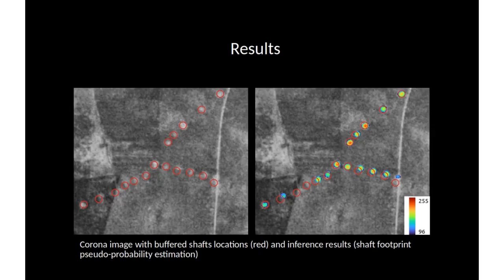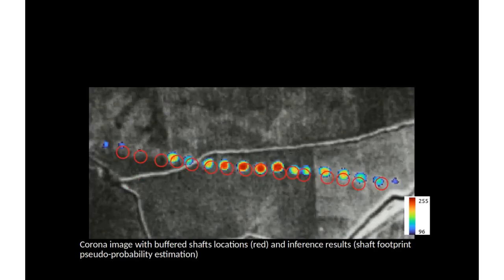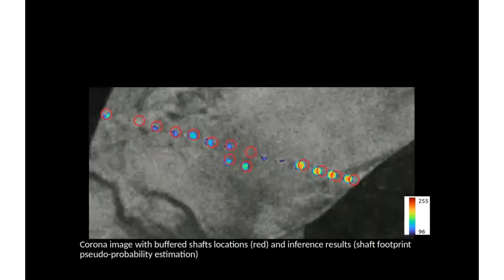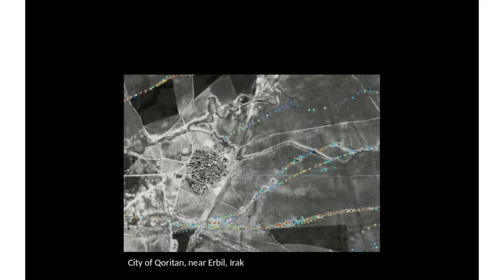You can see that sometimes they missed the exact center, and I suspect that the auto-rectification of the images has been done multiple times, so it can explain why it's not aligned. This is another example. So the network is not so bad. Sometimes it misses some shafts, but it's at least a bit better, I think, than the human intervention on this line here. So they were truly happy with the results, and yes, it was a bit challenging.